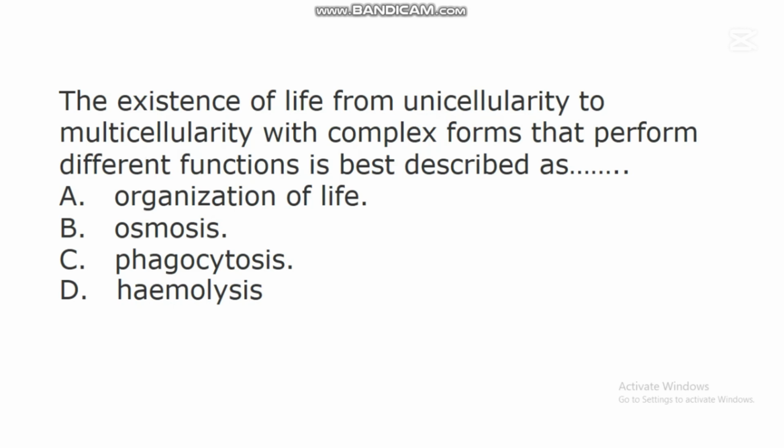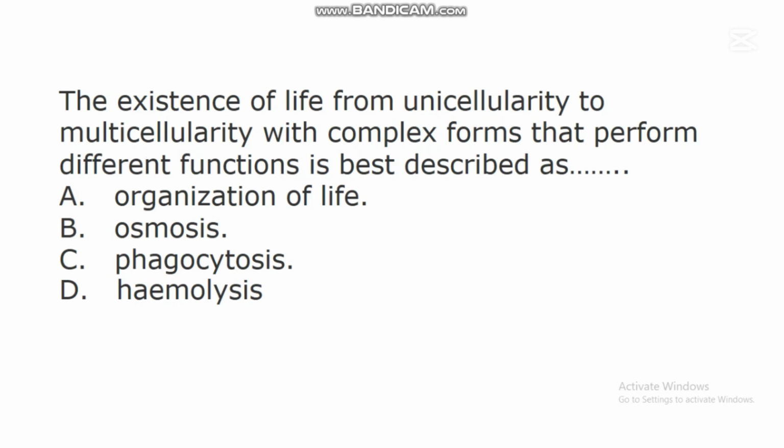The first question says, the existence of life from unicellularity to multicellularity with complex forms that perform different functions is best described as dash. A. Organization of life. B. Osmosis. C. Phagocytosis.